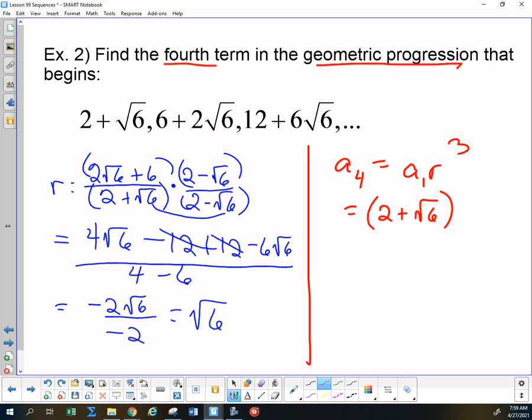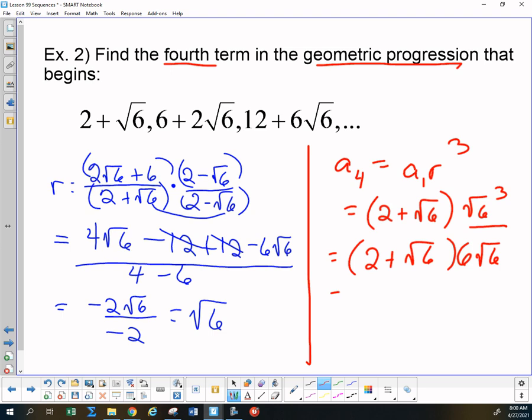And then r is root 6 cubed. So if I take root 6, root 6, root 6, that gives me one regular 6 times a root 6. And then I just need to distribute that to the 2 plus root 6.